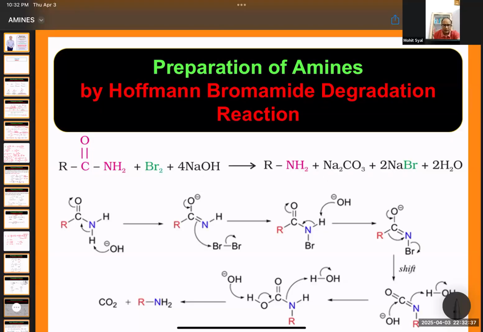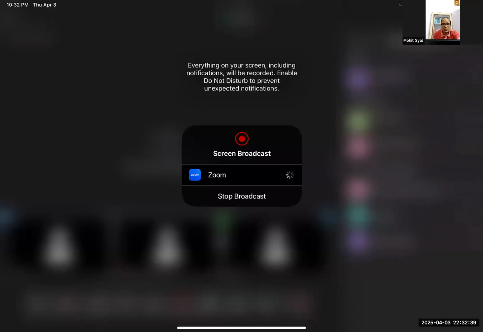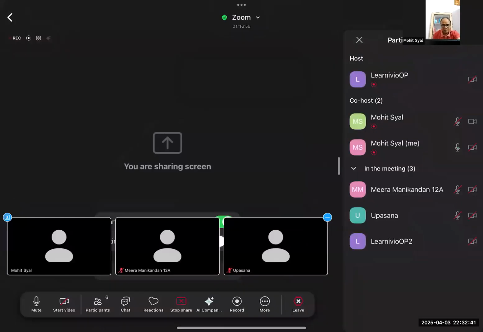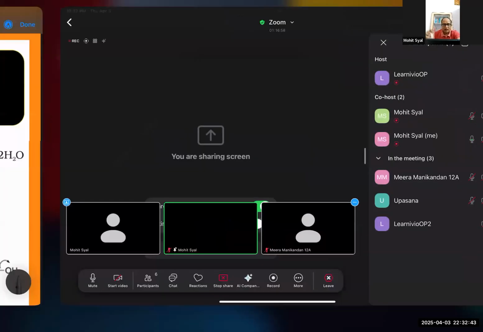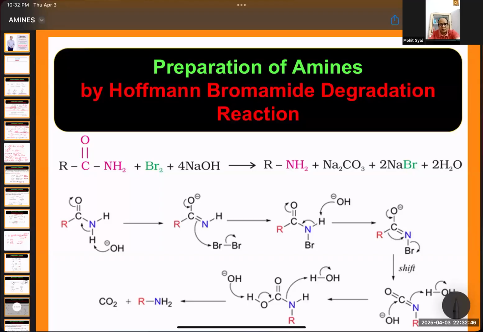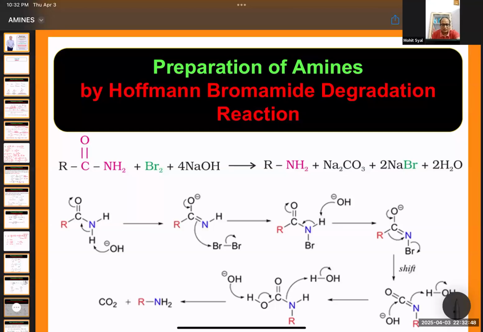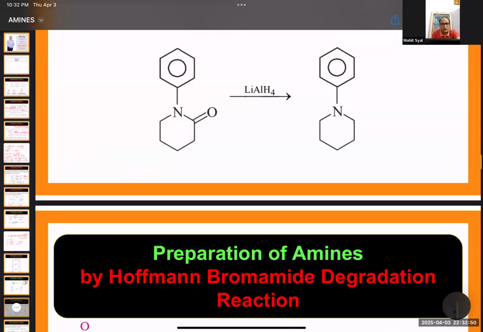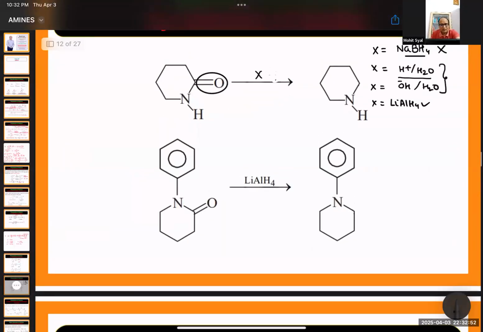And what this reaction is, let me share the screen again. By that time you can also try to name it, what the reaction is known as, where you get an amine with one carbon atom less than the parent amide. In the above reaction, we were getting an amine, but with exactly the same number of carbon atoms.